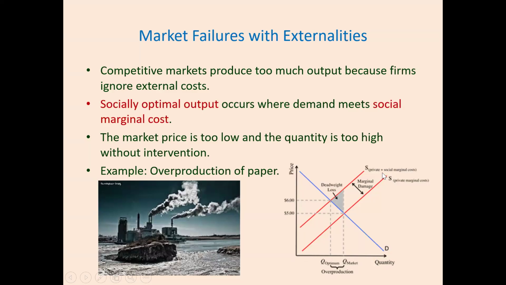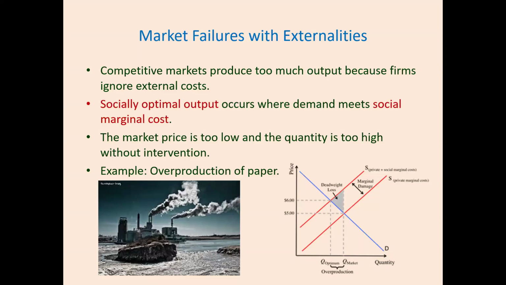Supply is upward sloping, but here we have one additional curve. And this is to distinguish between supply, which represents the private marginal cost for the firms, and the social marginal cost, which is to the left of it. Because between those two, you have some marginal external costs.